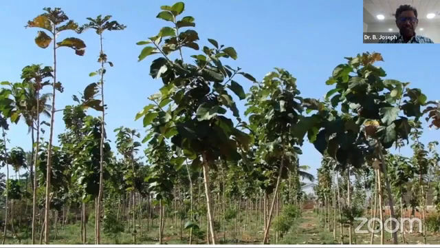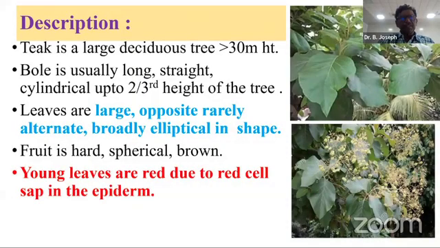Now, as you can see, this is how teak block plantations are grown. To make this presentation a little more interesting, I have collected good pictures for the listeners and viewers. It is a deciduous tree, and its leaves are spread and it goes to a height of almost 30 meters.